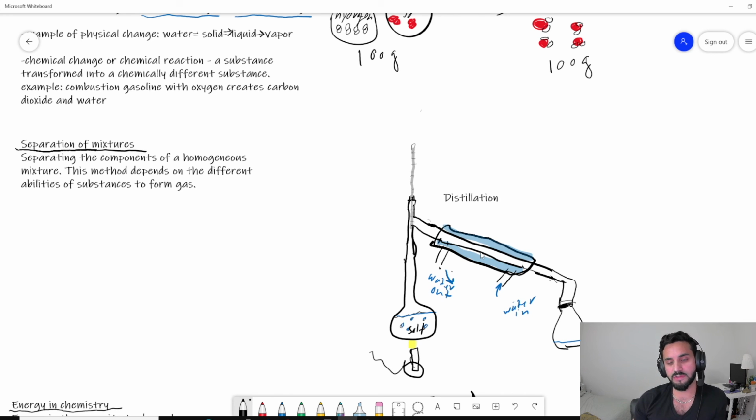In this cooling station, the gaseous water loses its energy and becomes liquid, where it gets collected in this little beaker here. At the end of the reaction, you're left with salt. Yeah, this is one way to separate a homogeneous mixture.